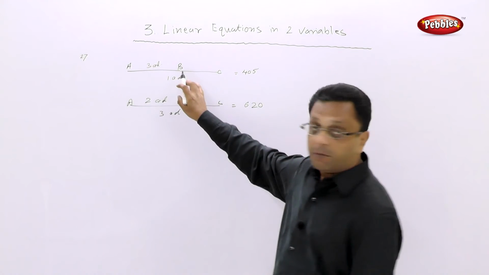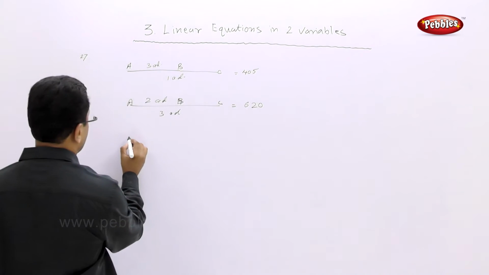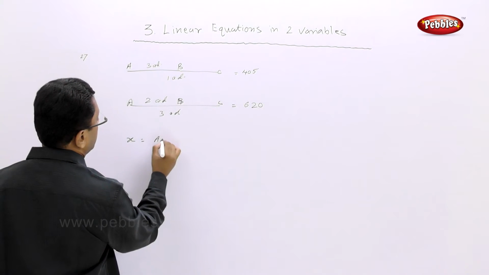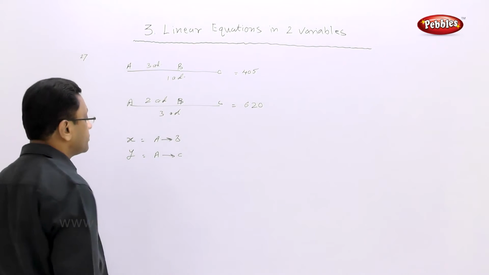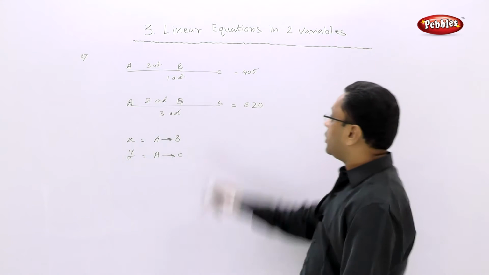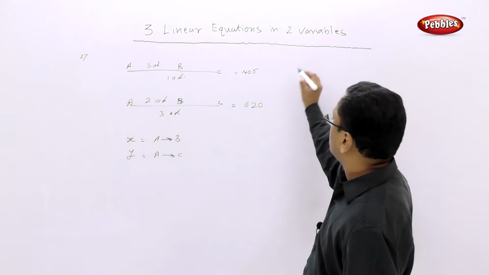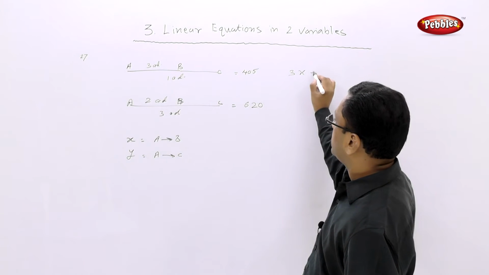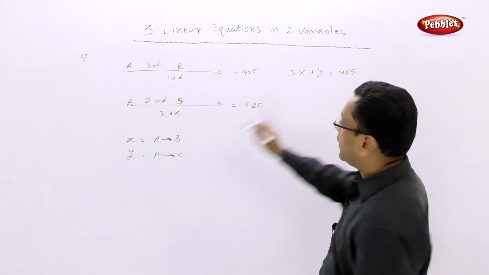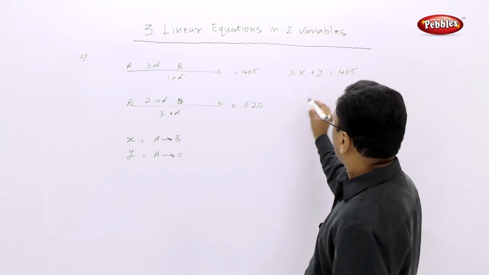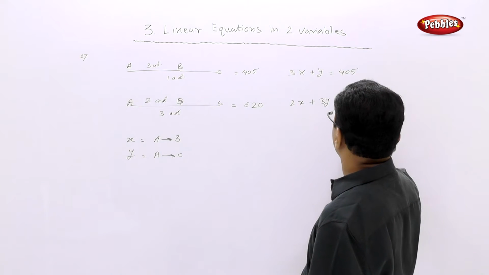So x is equal to the fare from A to B and y is equal to the fare from A to C. Right? Now he paid 405 here. So 3 adults into x, so 3x, and 1 adult into y, plus y is equal to 405, and second is 2x plus 3y is equal to 620.